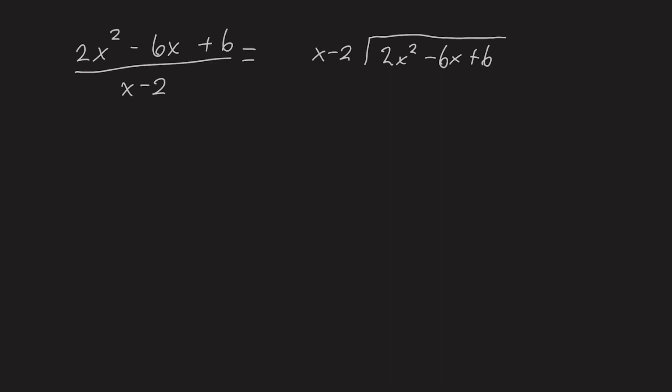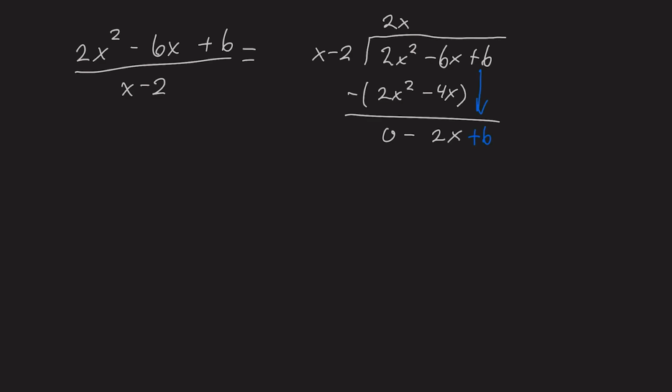So what do I need to do to x to get to 2x squared? I need to multiply by 2x. So now I subtract 2x squared. What's 2x times negative 2? Minus 4x. Okay. I do this subtraction, I get 0 minus 2x. And I, again, bring down my positive 6.